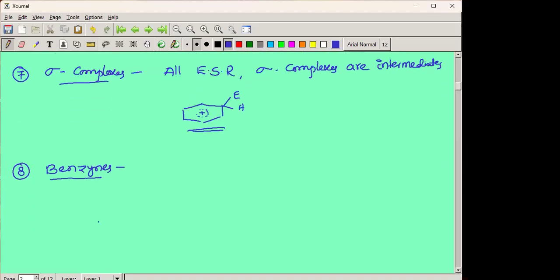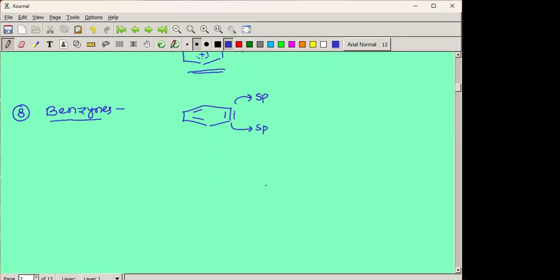So benzynes. Benzyne is like a benzene structure, but one more pi bond is included here. The two carbon atoms in the benzene structure with sp hybridization are considered as benzynes.